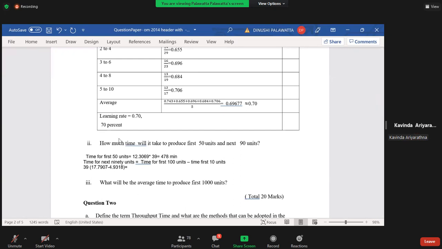So can't we take that figure directly from the cumulative table, 90? No, you can't, because the question is the next 90 units, not the first 90 units. Okay, sir. First 90 you can take, but next 90 it's not possible.